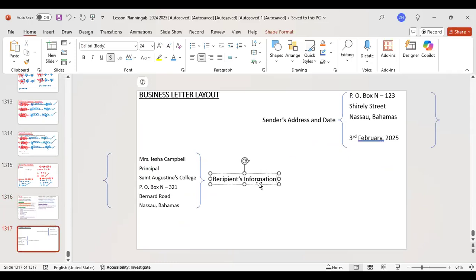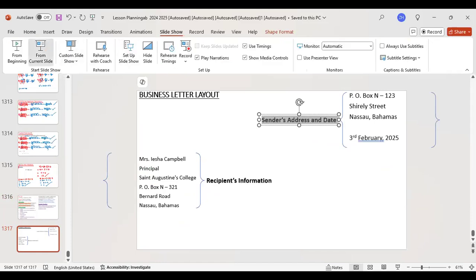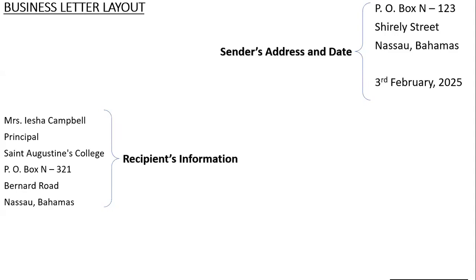That kind of covers everything. So we already have their address, our address. Where's our address located? In the top right hand side. Very good. One second, class.